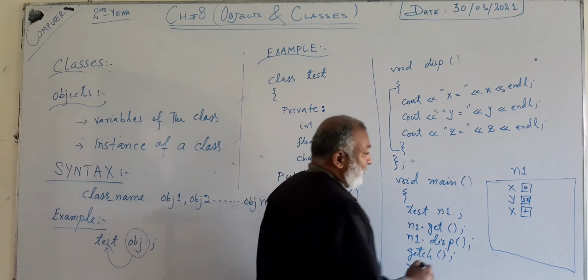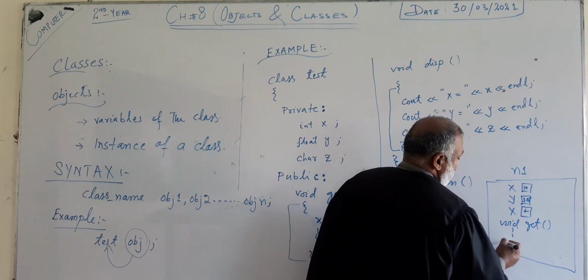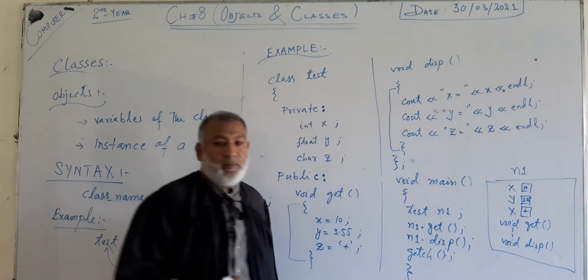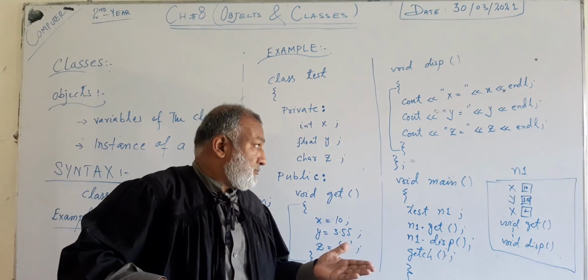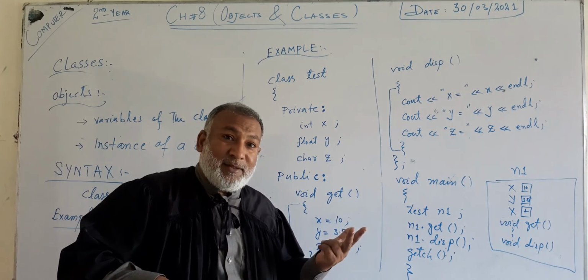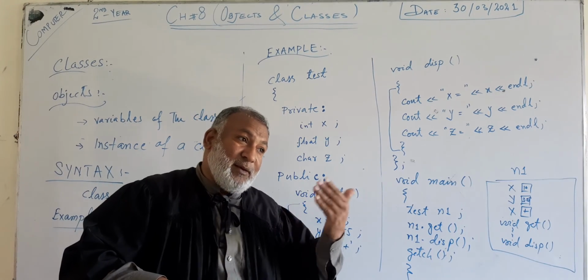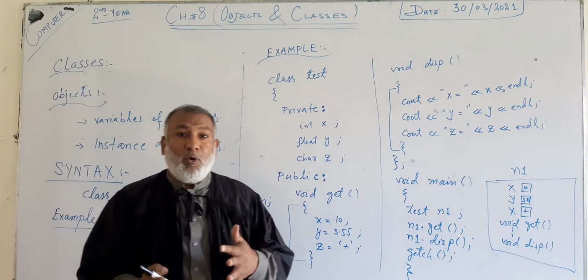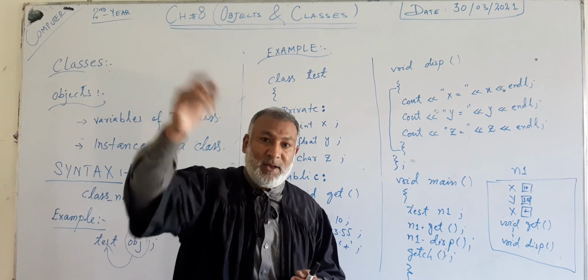Plus it has a copy of the functions as well, as I told you that an object takes a copy of the class to the memory. So if you create two objects, there will be two copies of the class inside the memory. If you create three objects, there will be three copies of the class inside the computer memory. So more objects, more copies of the class. Every object takes its individual copy of the class to the memory.